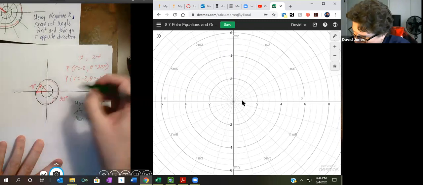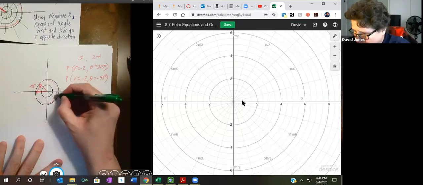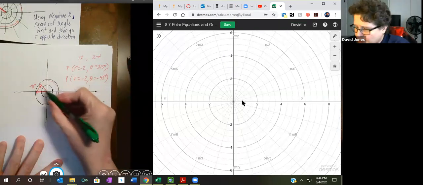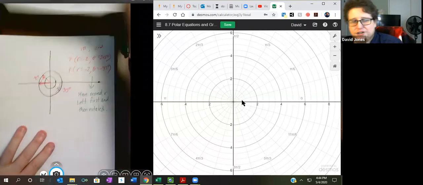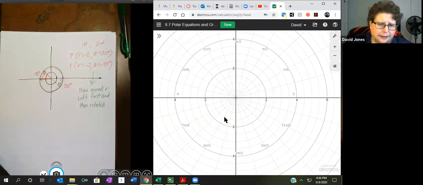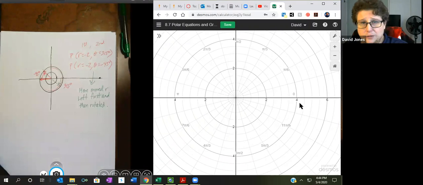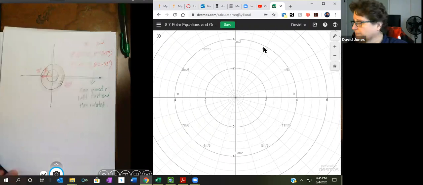Or going -45 degrees and then going -2 units. So both renditions get you to the same spot. Having theta equal 0 degrees and 45 degrees really bothers me if it starts changing. I always want 0 right here. I want pi/6 right here. I want pi/3 right here, for example.